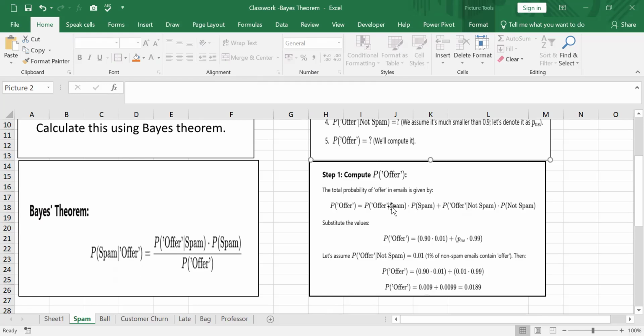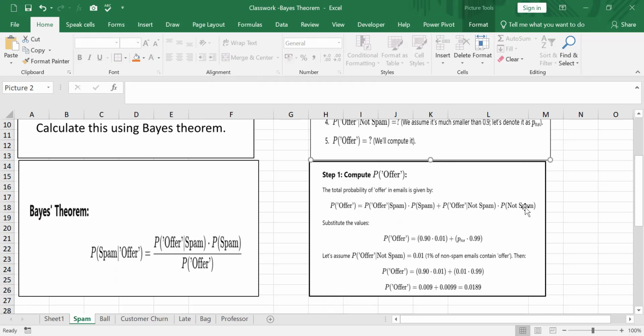Out of this, we know this is 0.90 and this is 0.01, the percentage of spams in the mail. For not spam and it is an offer, we do not know, so we are assuming that it is 0.01. So this one is an assumption.